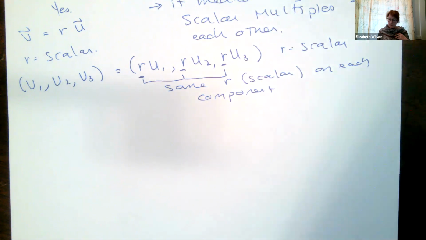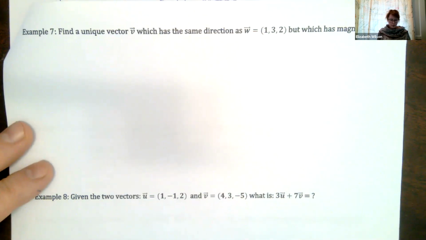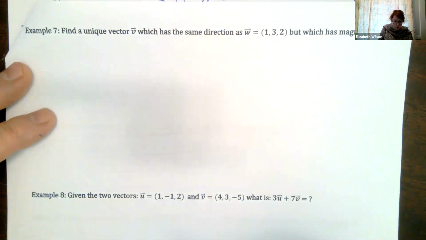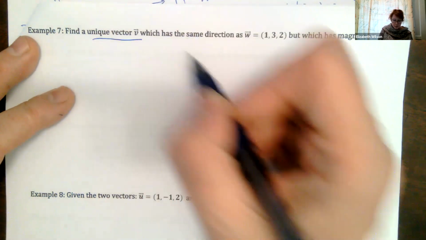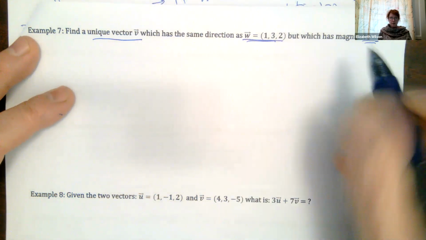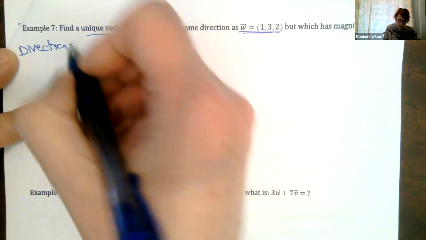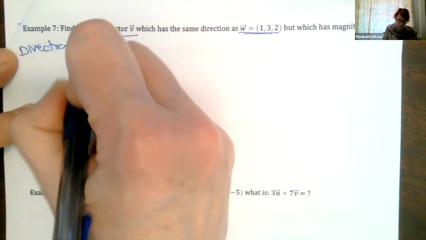All right. So let's talk about example 7. Find a unique vector v, which has the same direction as w, but which has a magnitude equal to 7. So let's remember our direction is the same thing as calculating out our unit vector.